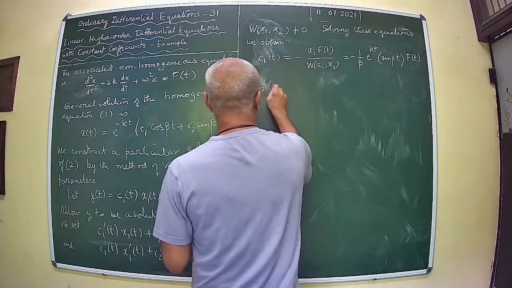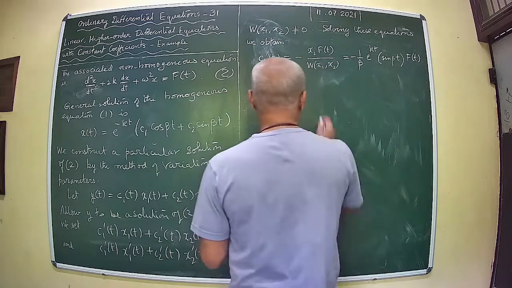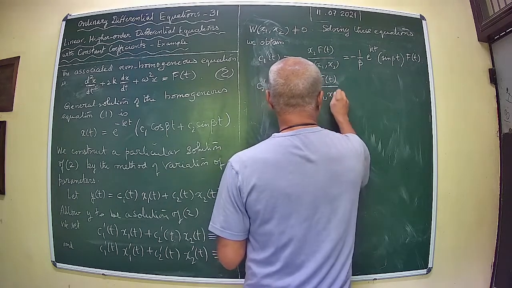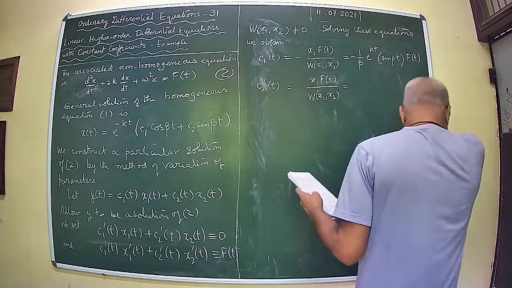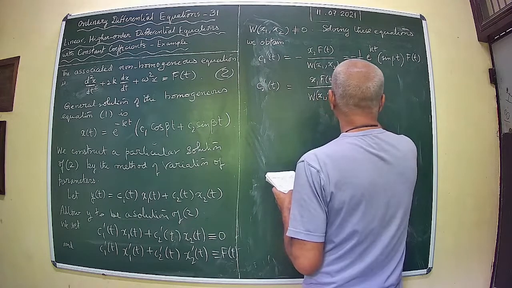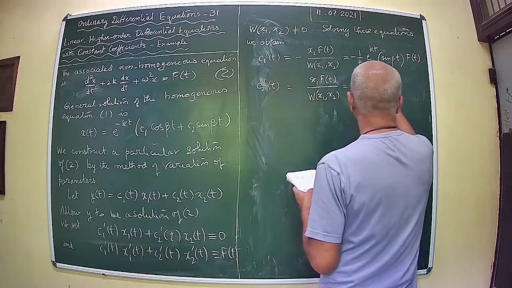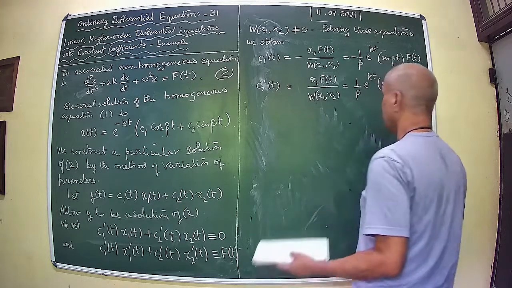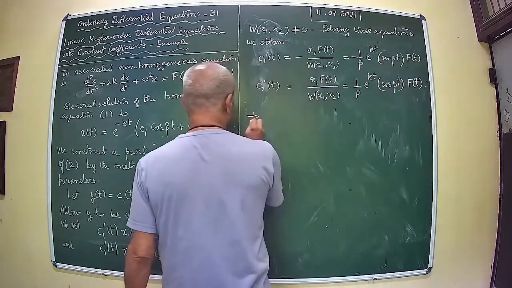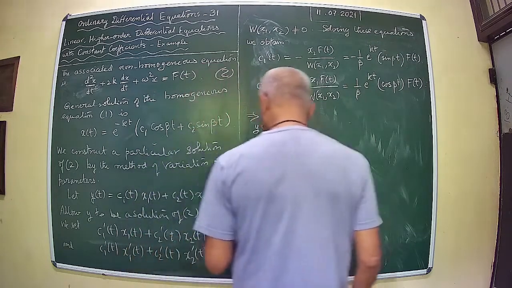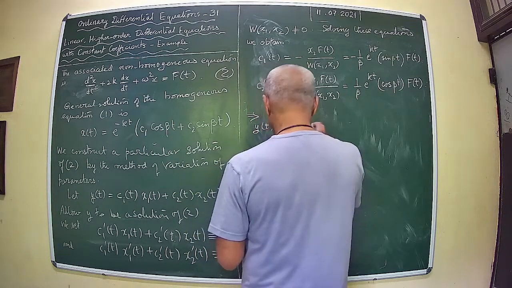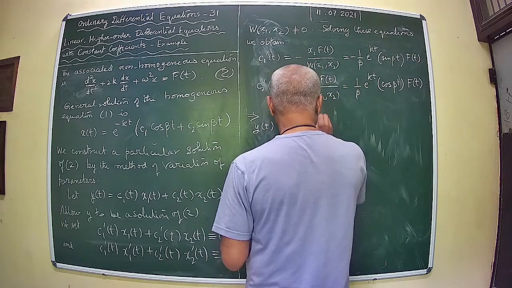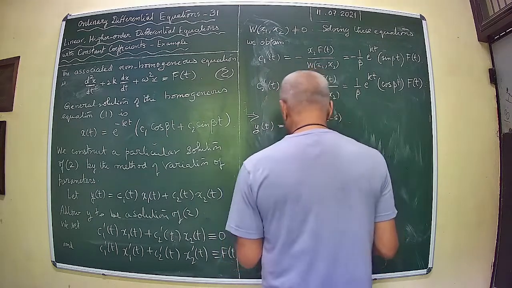Similarly c2 prime t equal to 1 upon beta, therefore, this is after simplification.